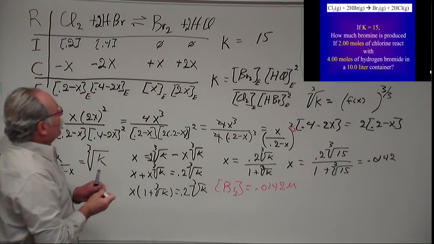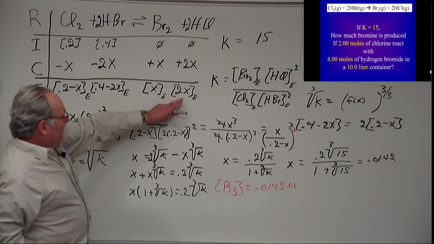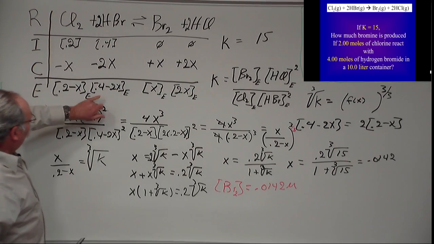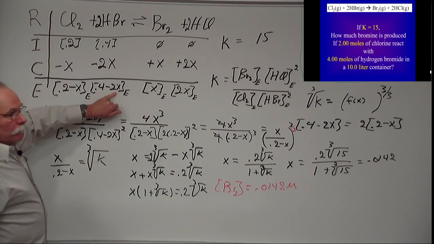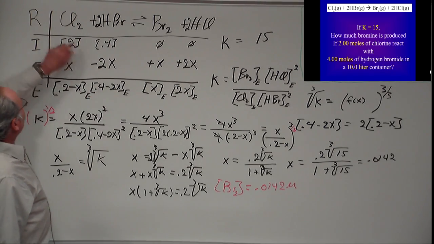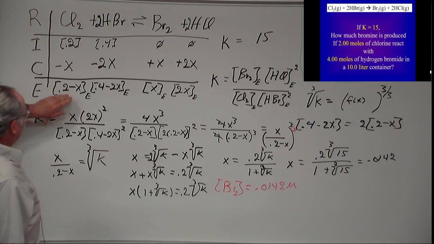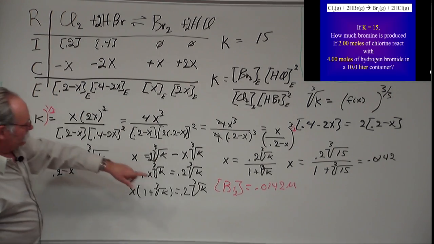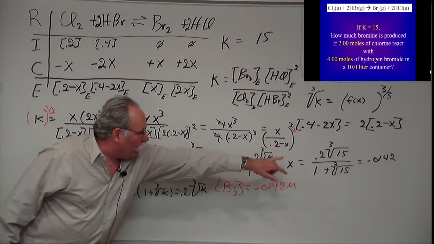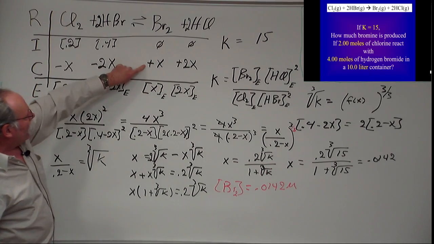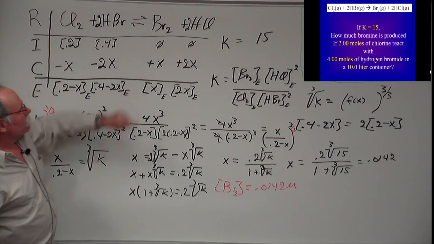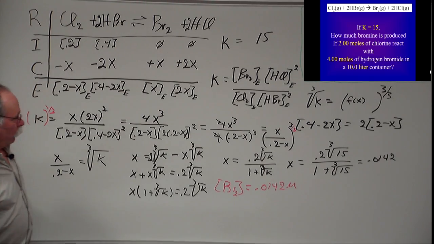If I'd been asked how much HCl, it would have been twice that. If I'd been asked how much HBr, it would have been 0.4 minus twice that. And if I'd been asked how much Cl2, it would have been 0.2 minus that. Because x is equal to 0.0142, the extent of reaction, which happens to be the concentration of bromine because we started with none and the coefficient was 1.